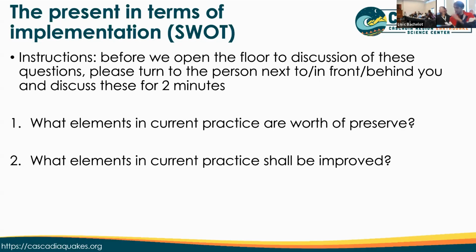So, I have one comment about the second one, what elements in current practice should be improved. This early afternoon, there was a topic talking about land use. However, we didn't see any presentations that talk about land use and population growth in the modeling of risk assessment and mitigation.